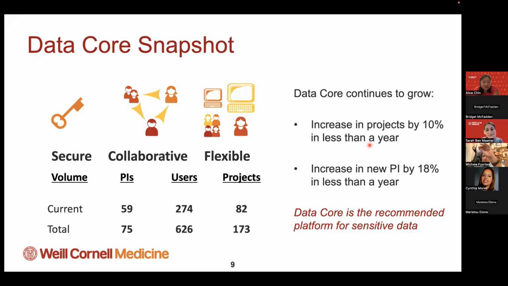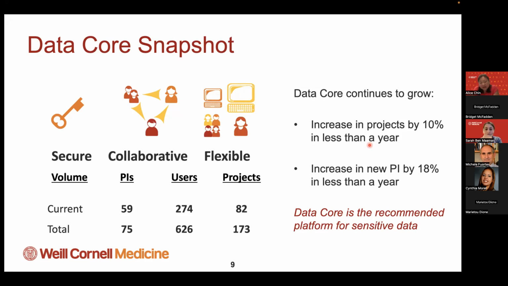Some projects go through a life cycle. Currently, we have 59 active PIs and over 270 users, and that number fluctuates daily. But over the course of time, we've had 75 PIs come through data core and over 600 users.